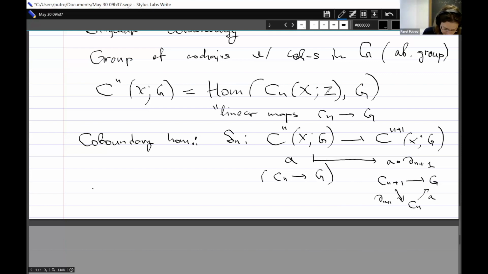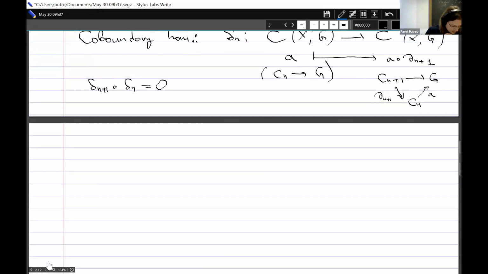And automatically, due to this definition, we have that the composition of two coboundary homomorphisms is 0.